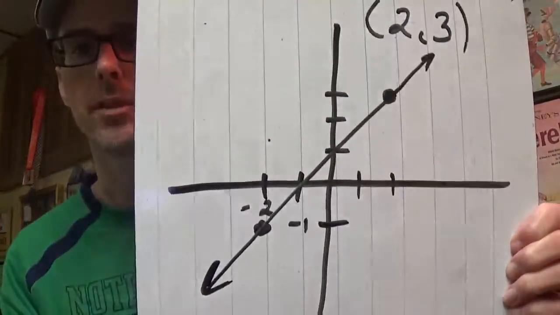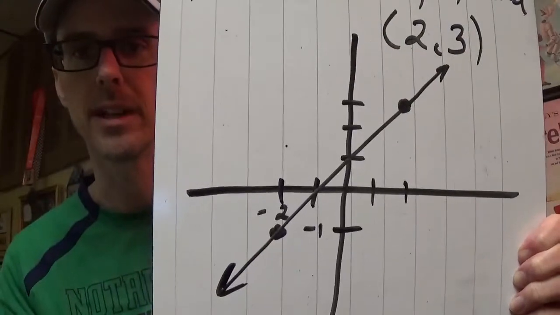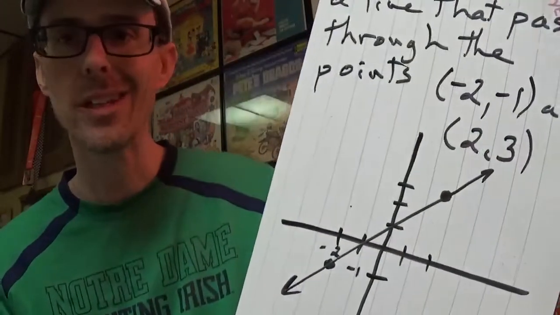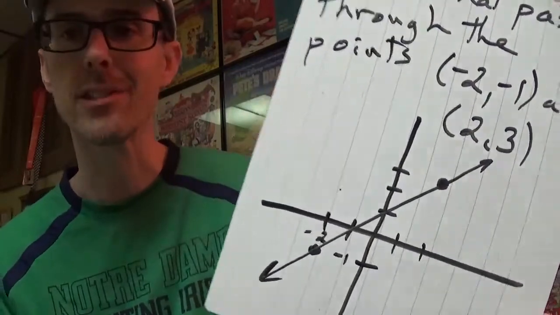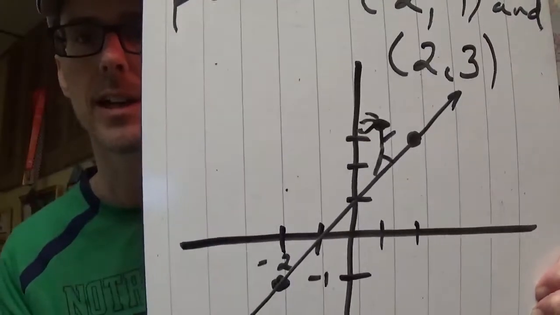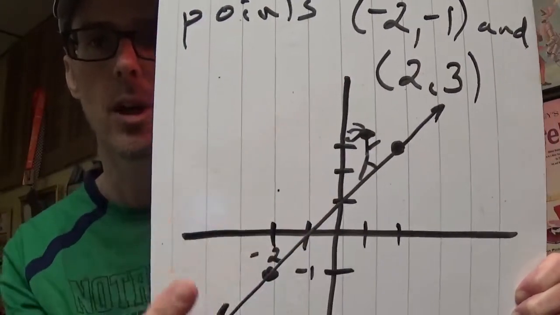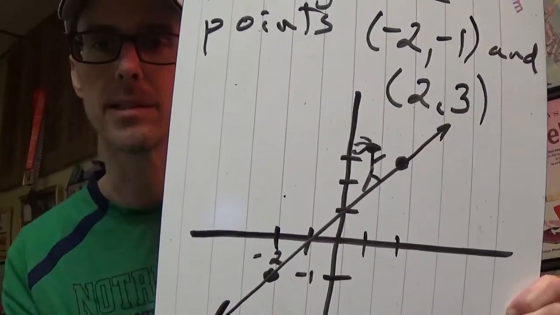And keep in mind I didn't use graph paper. Some of you may be using graph paper, some of you may not. But your line should look about like that. Without doing any other work, I know that my slope has to be positive, because old Gunther, his flowing locks of hair, he's going up the mountain. And since he's going up the mountain, we know that our slope has to be positive.